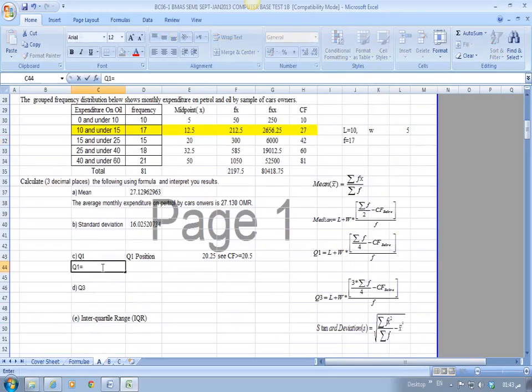Q1 equal, and we follow the formula. The formula here, L here equals 10, we write equal, and then 10.